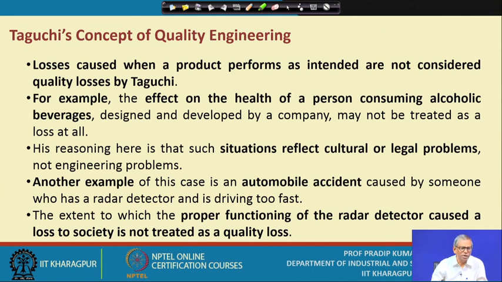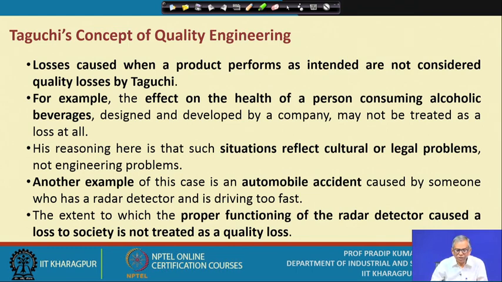So this is the boundary line we must create. Otherwise, this product may be treated as a loss to the society. Is it okay? So long as the state is allowing it to be produced. So obviously, while we quantify the loss, we must treat it as an engineering problem.